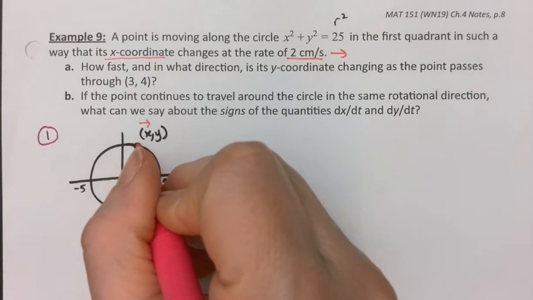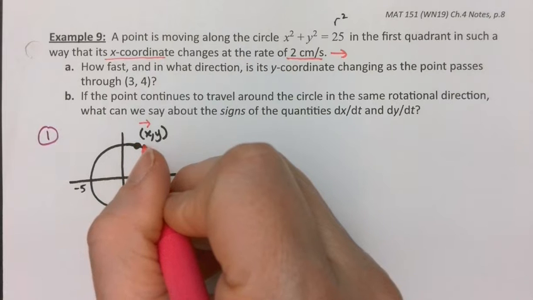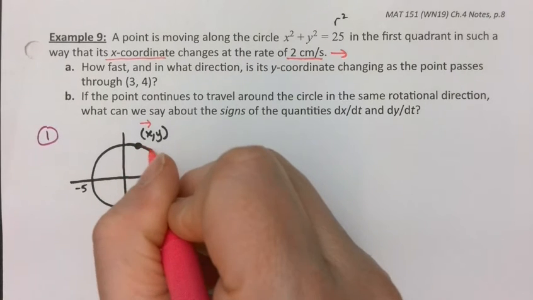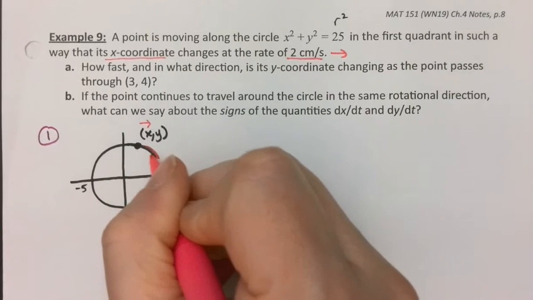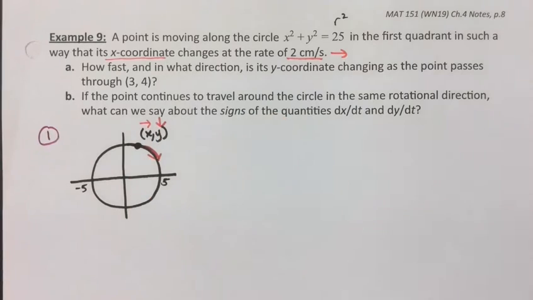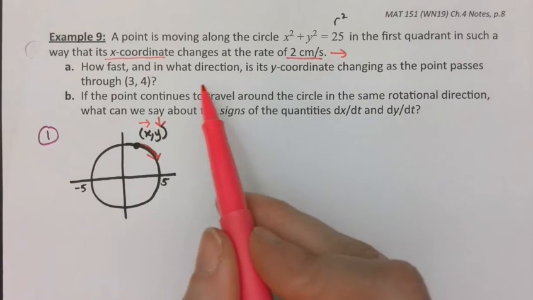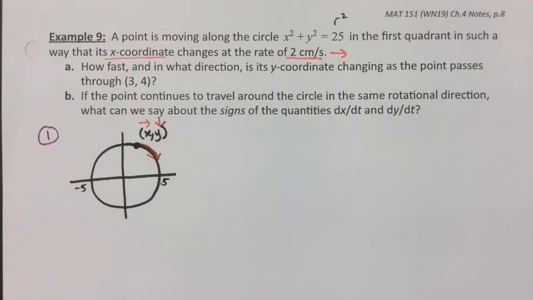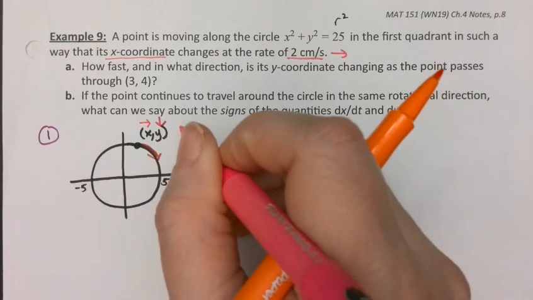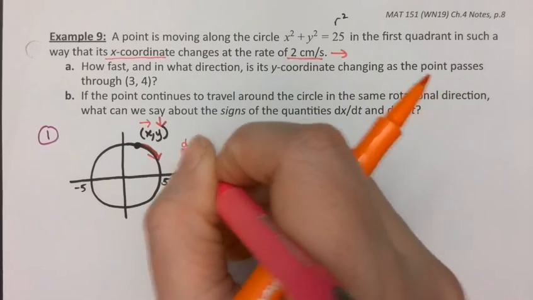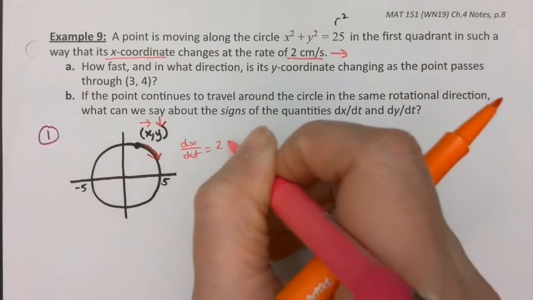Well, if that point is on this circle and you're forcing the x coordinate to the right, then you're also forcing the y coordinate to go down. So we expect dy/dt, which is what we're looking for, to be negative. Let me write this: dx/dt is equal to 2 centimeters per second.